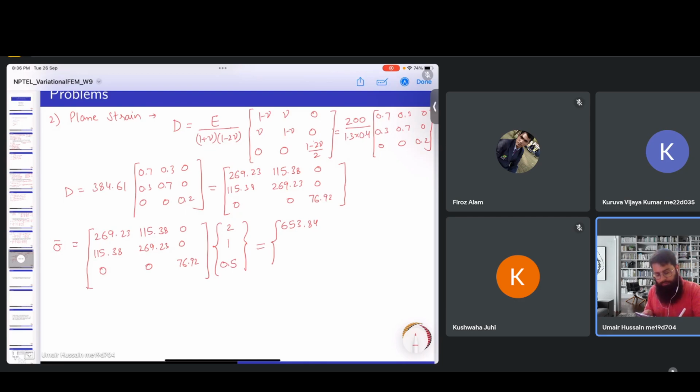We get 499.99. Then we have just 76.92 into 0.5, 38.46.